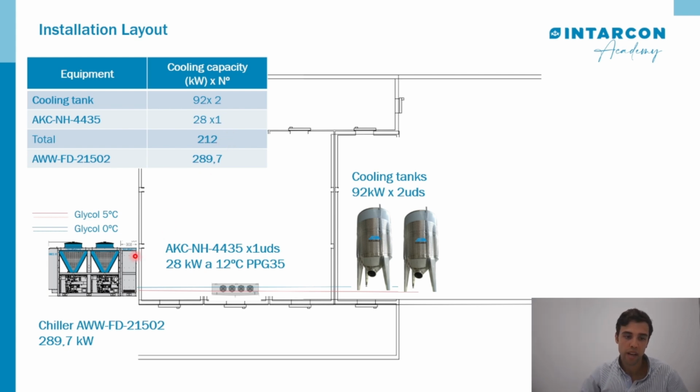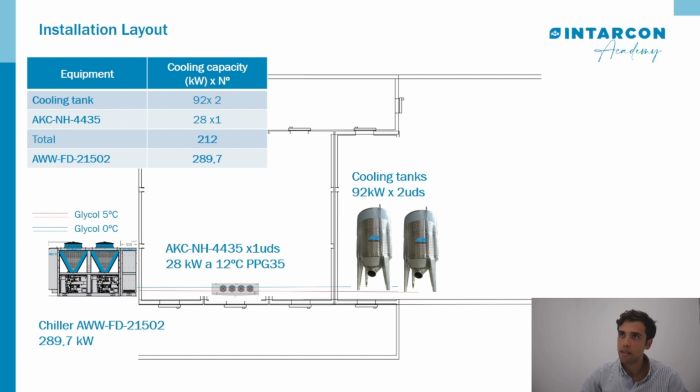So we are going to select a full inverter system chiller that, due to the use of a VFD, a variable frequency drive, we can adapt to the demand. We have also used a variable frequency drive in pumps to adapt the propylene glycol flow in each step.